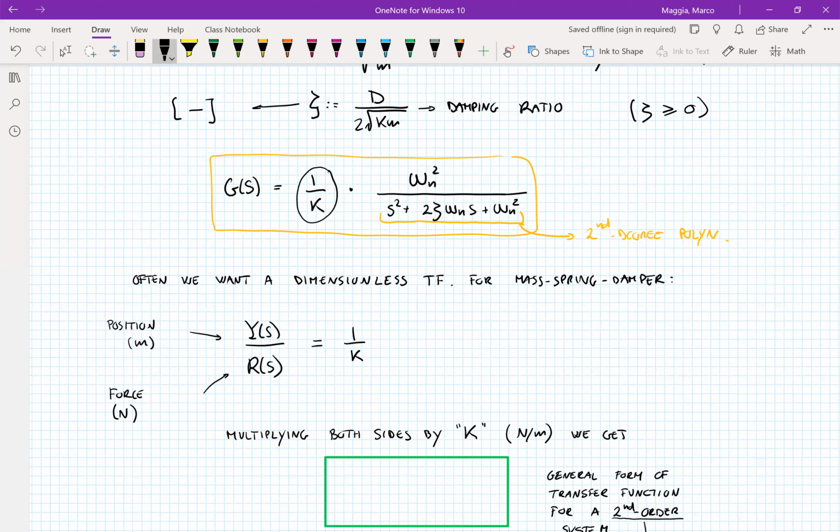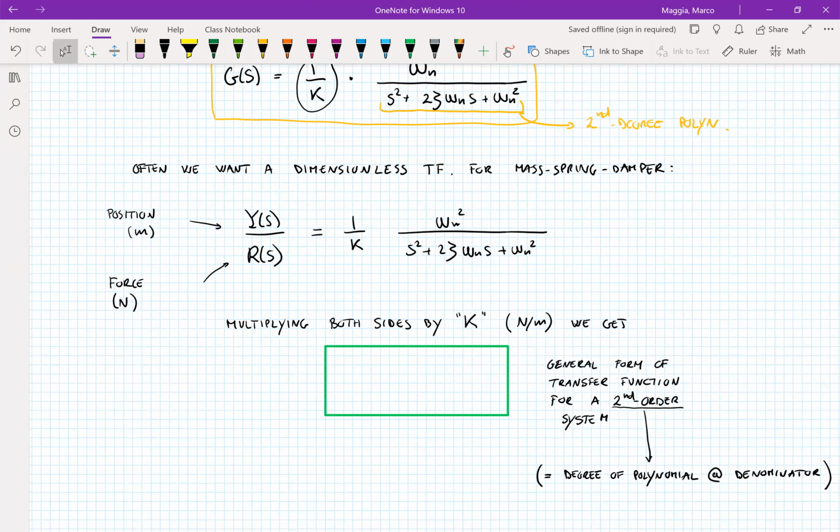And so we have, as I just wrote, 1 over k times omega n squared over s squared plus 2 zeta omega n s plus omega n squared. Now, if we multiplied both sides by k, we would have k y over r of s. And so your dimensionless transfer function would just be omega n squared over s squared plus 2 zeta omega n s plus omega n squared.